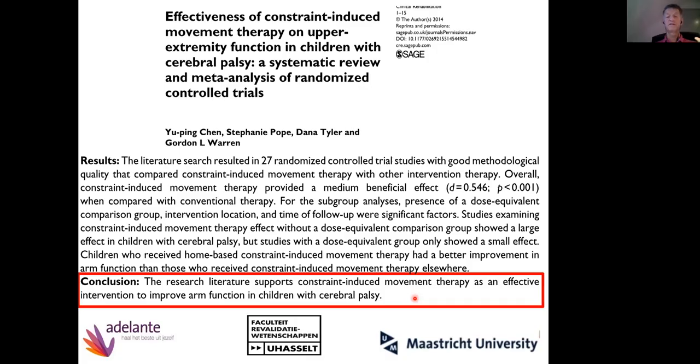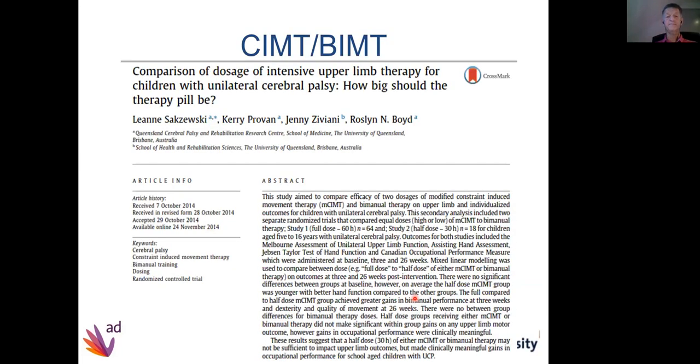But that was still a little vague, so they added that if you have a dose-equivalent comparison group, then they have the same type of effects. So the intensity within the CIMT matters.